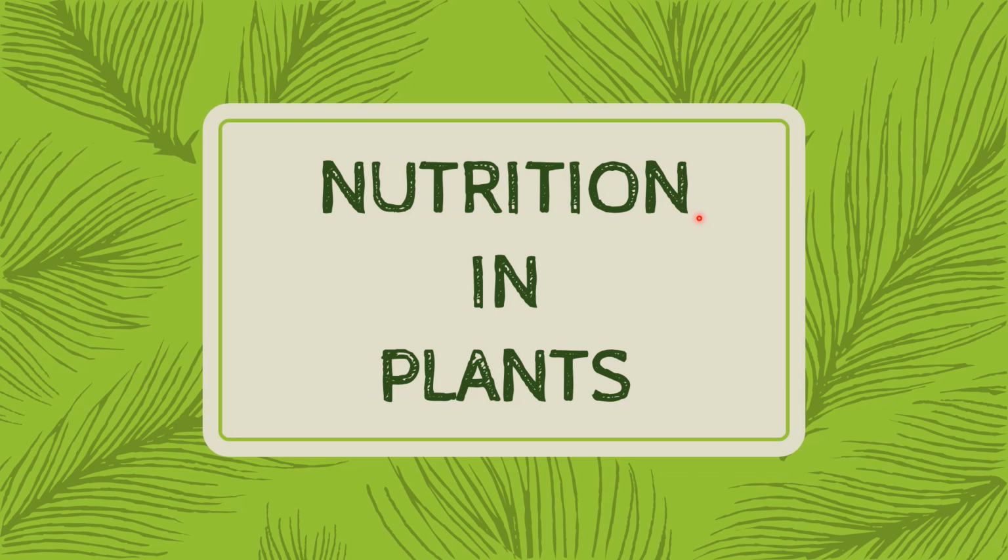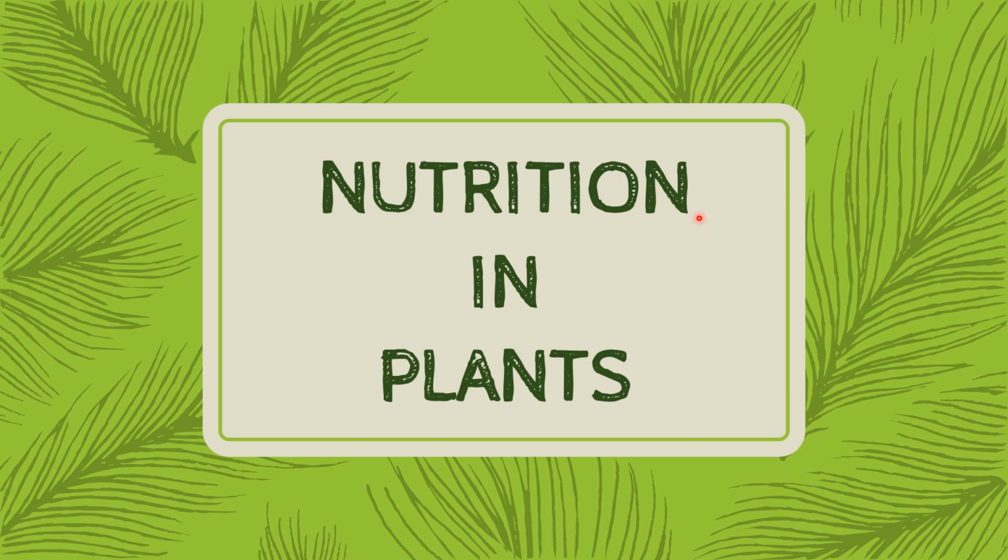Generally all plants prepare their own food by the process of photosynthesis. Photo means light and synthesis means making. So by photosynthesis they prepare food for themselves.